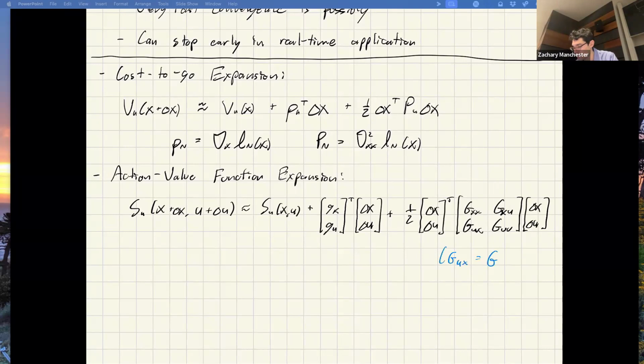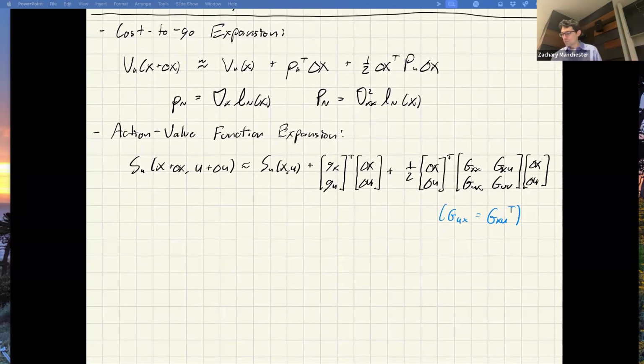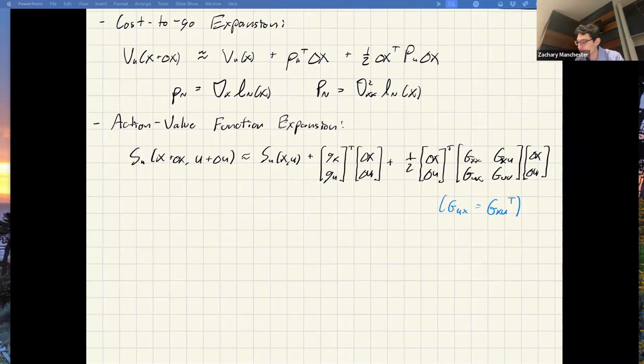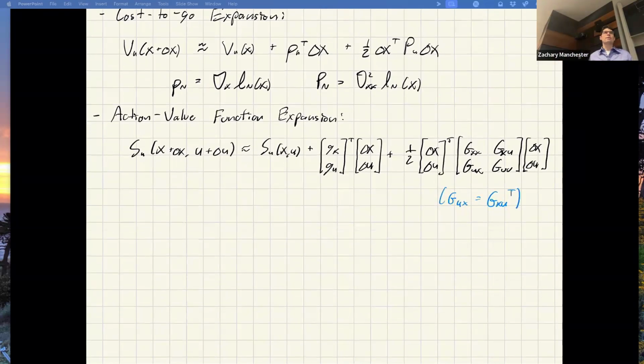G_UX equals G_XU transpose, and G_XX and G_UU, those other blocks, are symmetric. All the good stuff. Assuming this, we're now going to plug this into the dynamic programming recursion and derive the equations. It's basically Riccati plus those extra affine terms. So nothing surprising. Here we go.